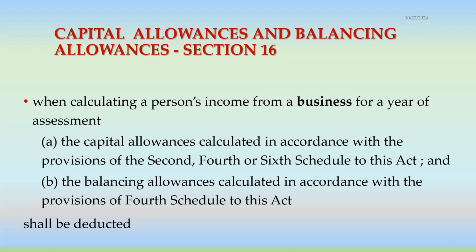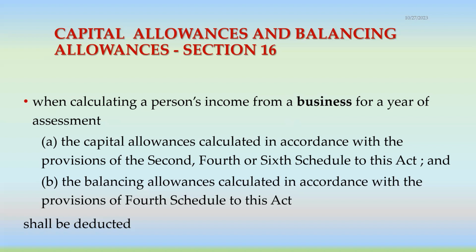The benefit of these assets is not only for a few months, but we can use the asset for more than 12 months. Therefore, we call them capital assets. The expenses we incurred for that kind of assets, those capital expenses, are not allowed in section 11.